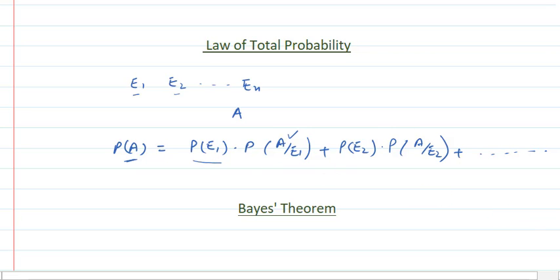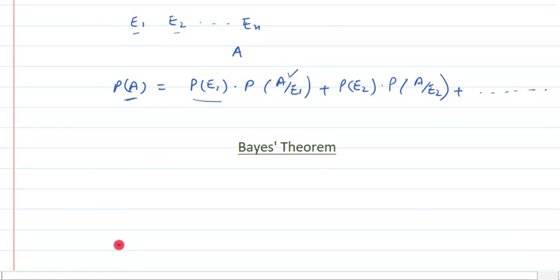And Bayes theorem states that P(Ei upon A). The meaning of Ei upon A is this may be E1 upon A if the event A has happened due to or corresponding to event E1. It may be E2, it means event A is happening corresponding to event E2 and so on.